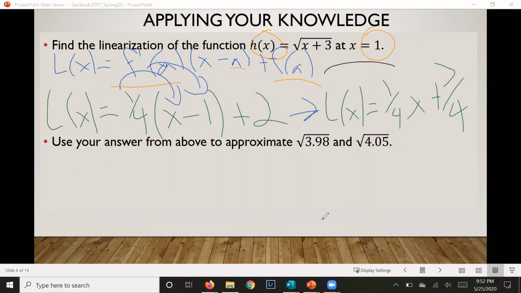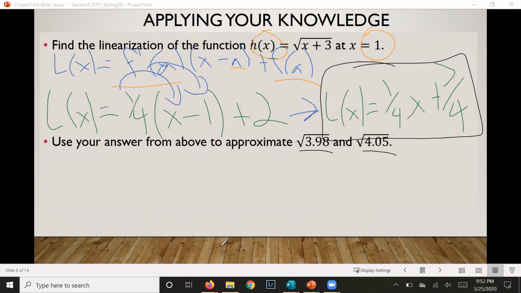Okay, and so that's our linearization. I'm calling it a linearization because that's what this section is about, but know that that's just the equation of the tangent line to the function h of x at x equals 1. And now they want us to use that to approximate the values for the square root of 3.98 and the square root of 4.05.